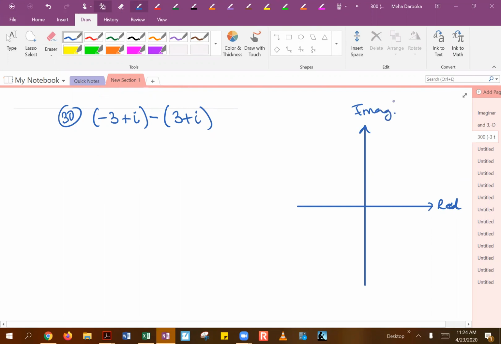So what happens with this guy? It just reflects over the real plane. Okay, so let's go ahead and do your regular subtraction, and what will that end up giving us?